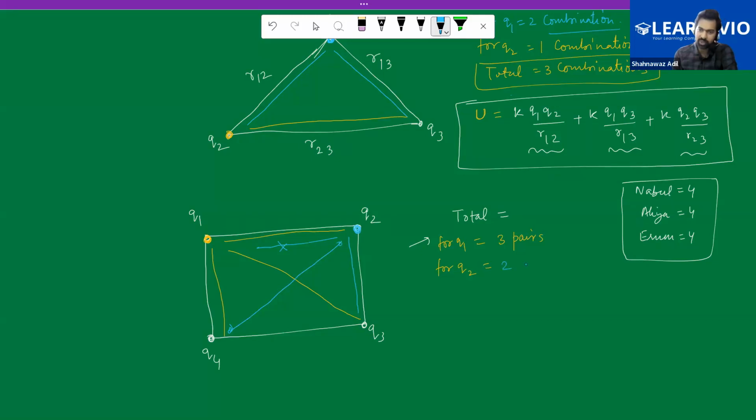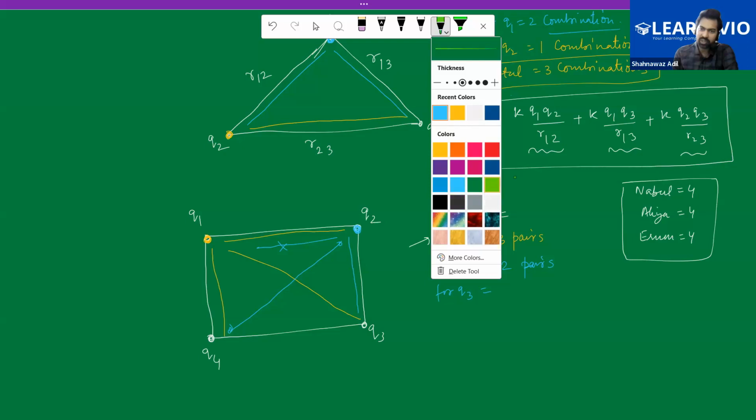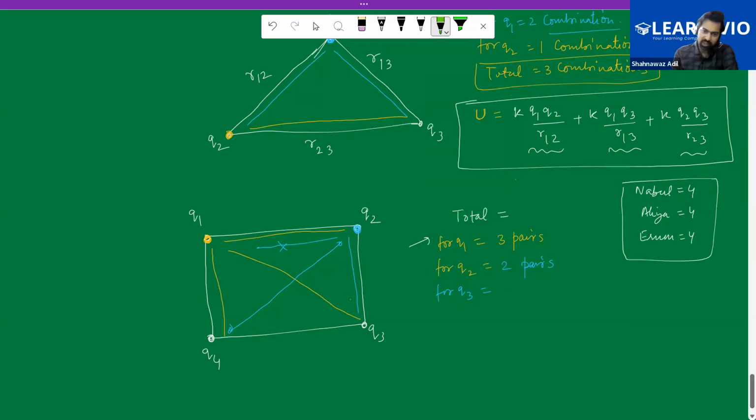So I have two pairs. Now I have to come to this Q3 charge. For Q3, I have already counted this one and this one, so only this one is remaining. So for Q3, I have one pair. So in total, I have six pairs.